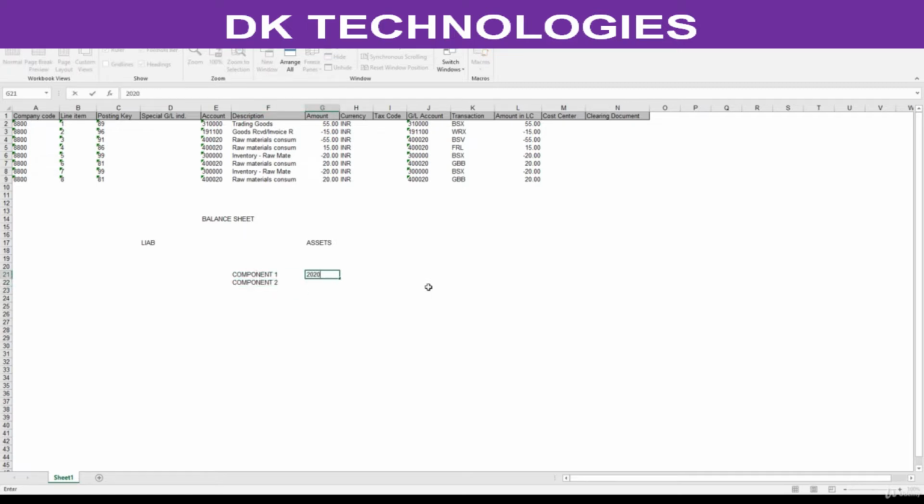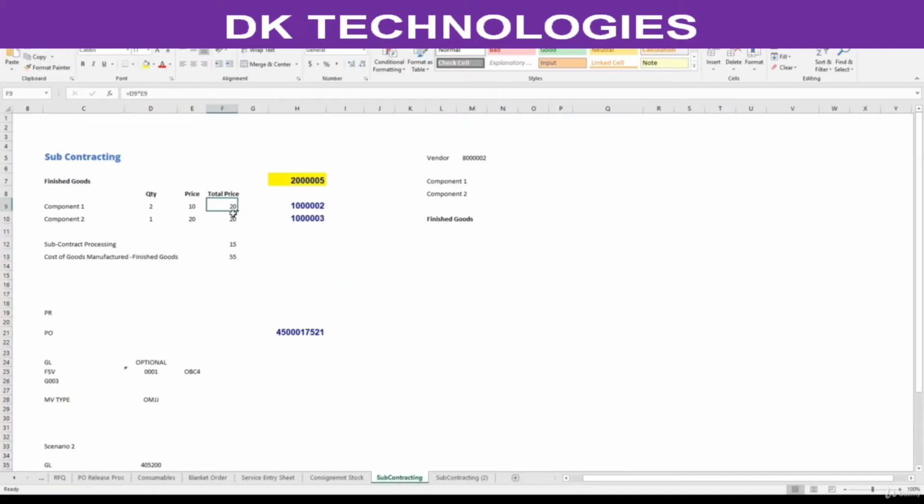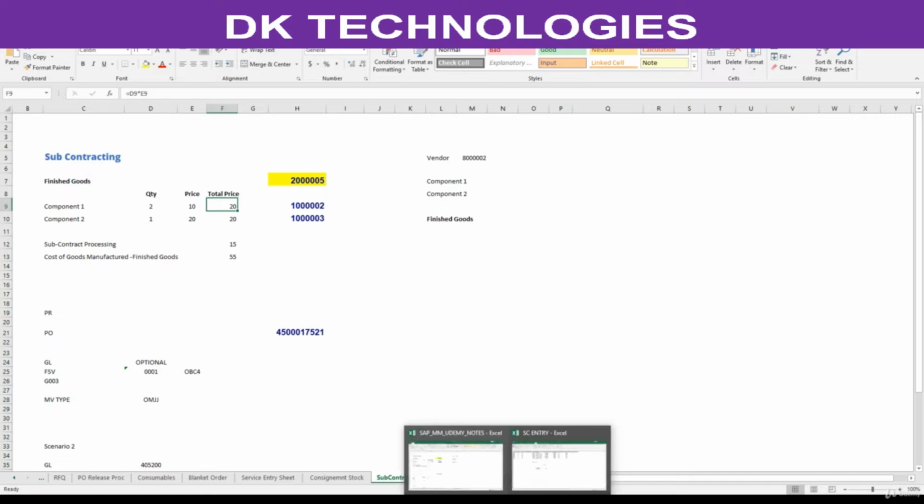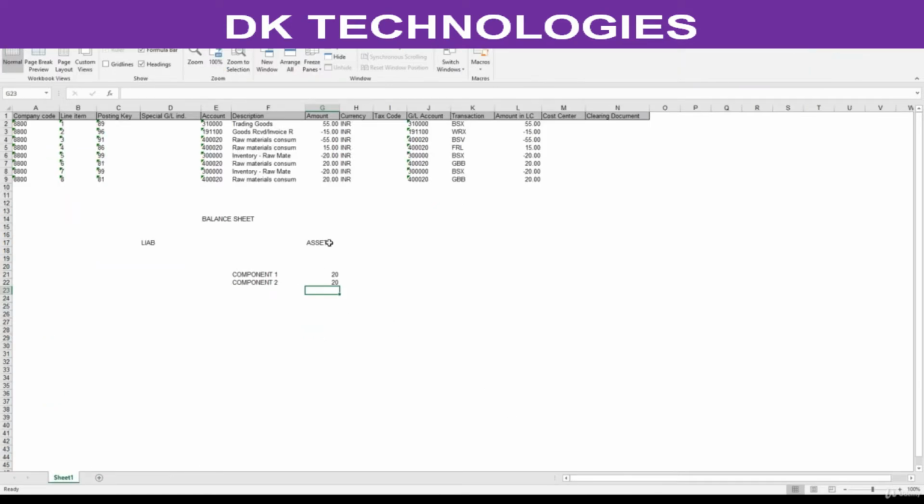What is the balance? Before starting this process, the assumption is that we are going to issue these components from our stock for understanding this entry. See, this is the value, 20, 20, before issuing any components.